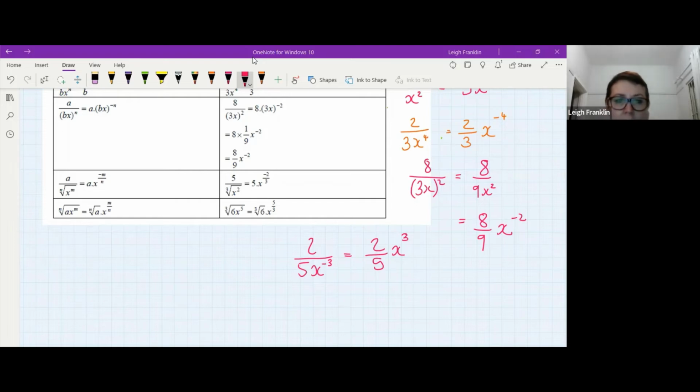Okay. Then when they give us roots, a good place to start, if you want to understand what it is that we're doing, actually goes all the way back to grade 8. In grade 8, you get taught to answer questions like this. So the square root of 16x to the power of 4. Do you remember that? All the way 5 years ago.